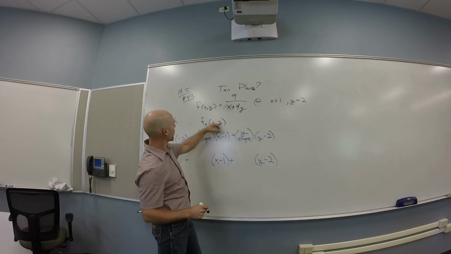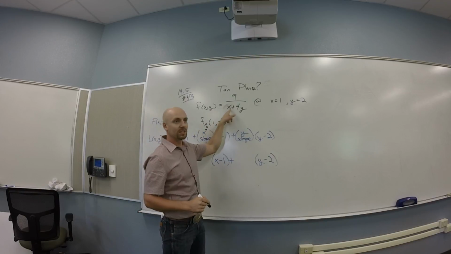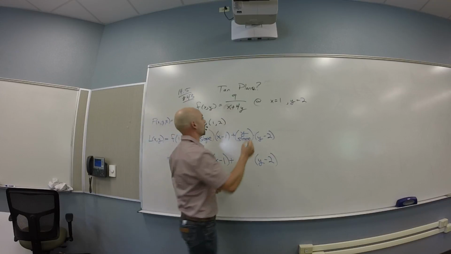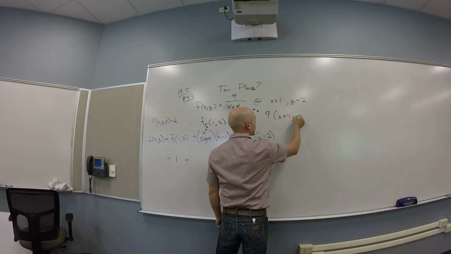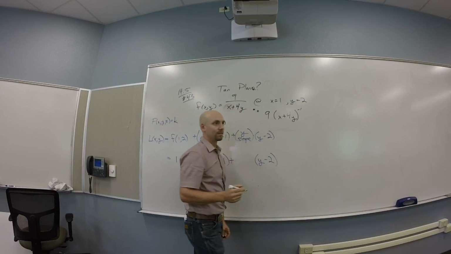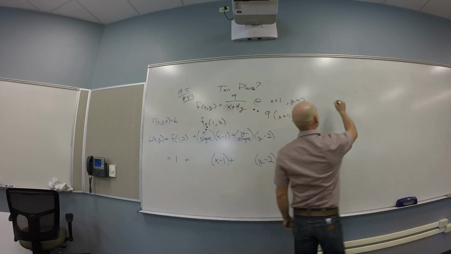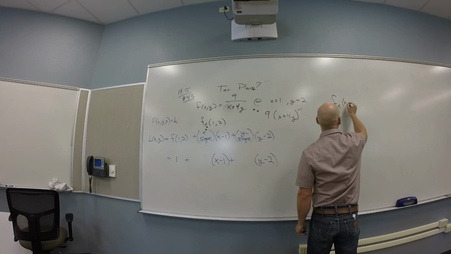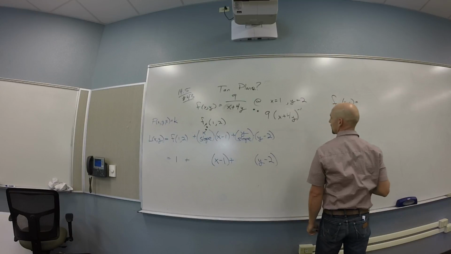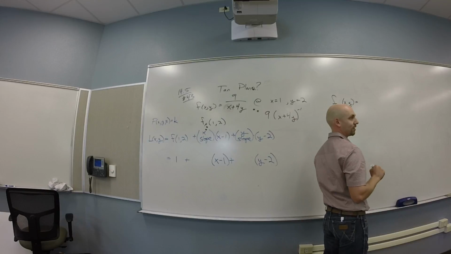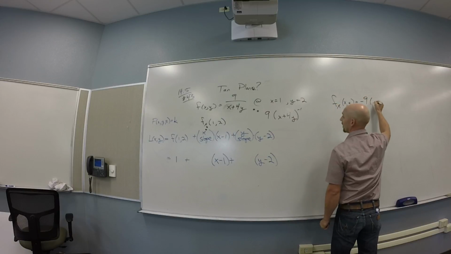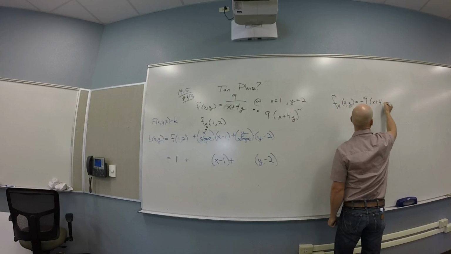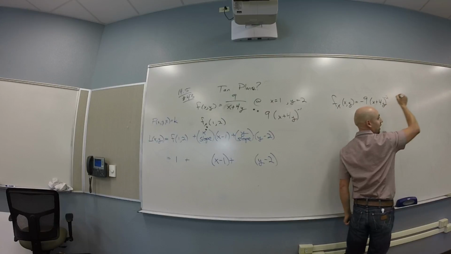Okay, so how do I get fx? This thing? Think about it as 9 times x plus 4y to the minus 1. So fx as a function of x and y is what? Negative 9 times x plus 4y to the negative second.